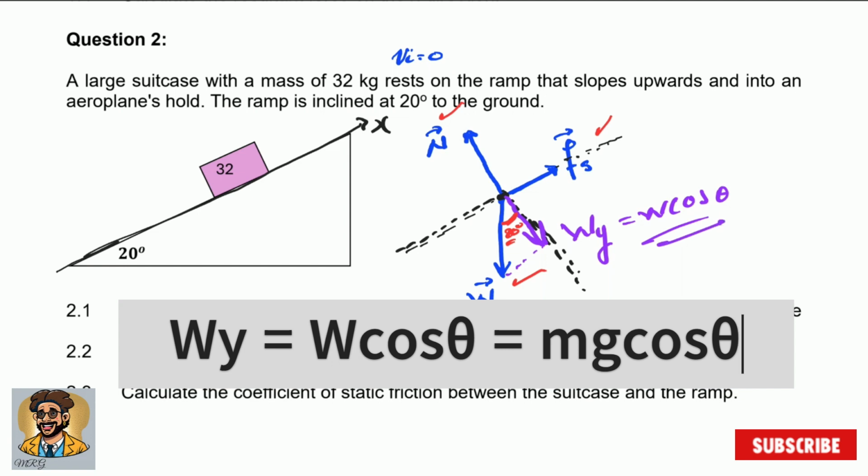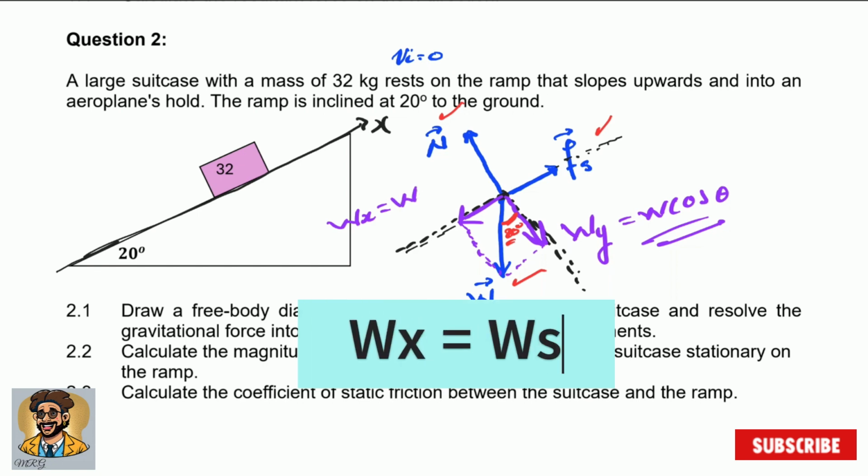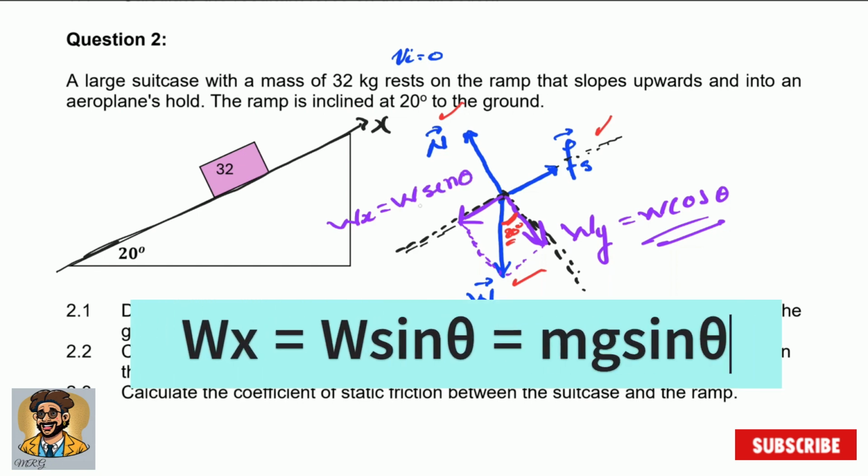Be careful with this one. And if you take it to the x-axis, you have W in x here, and W in x is equal to the weight multiplied by sin theta. That is how we break it into components.